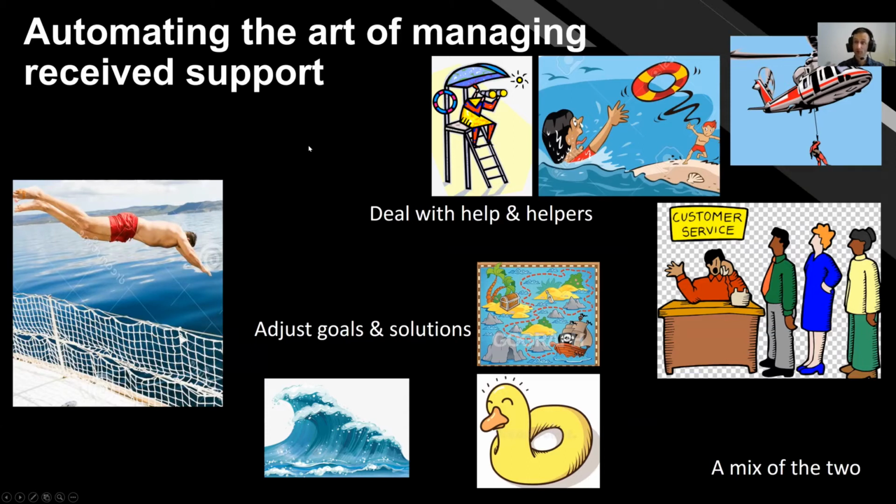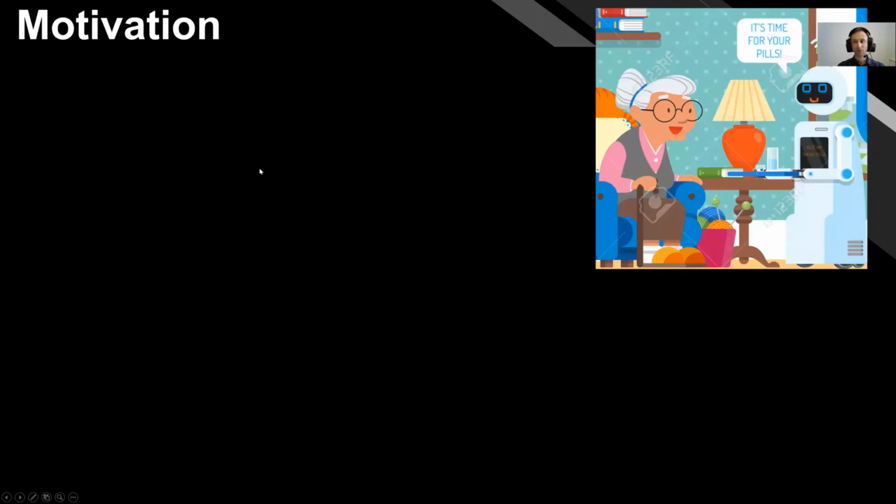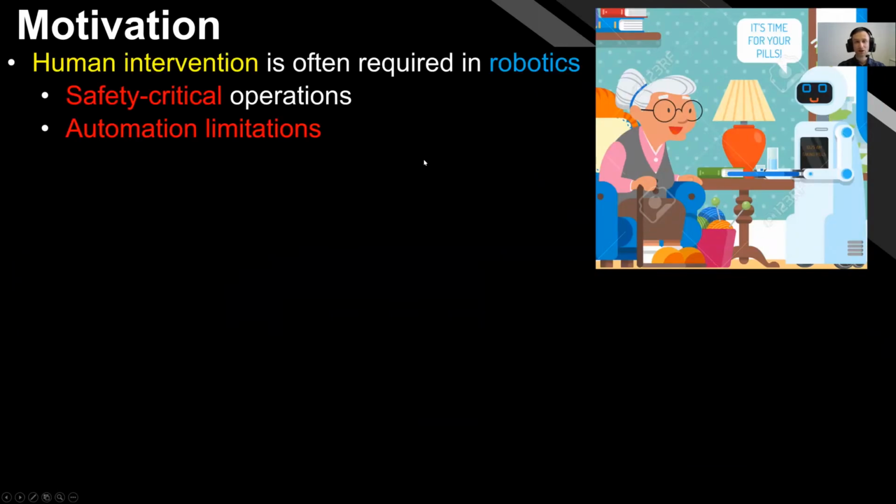And so this is what we're observing, what people generally think about when making this kind of decision. And the whole point of this paper is to try to achieve the same with a robot that can ask for help. So, a bit more formally. Many applications of robotics require human intervention, notably when it comes to safety-critical tasks, but also when the automation is limited, and usually a combination of the two.